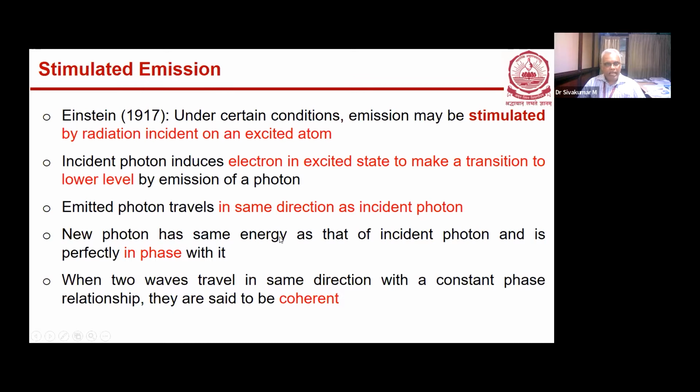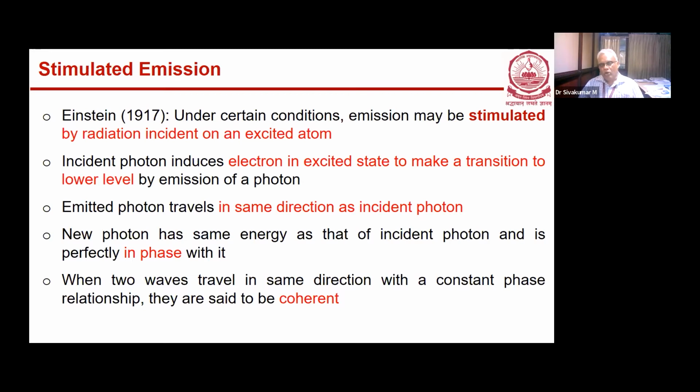Again, I am repeating: in the case of stimulated emission, the electrons go to the excited level by absorption, and for these electrons in the excited level, there are two ways to come back. One we have already seen, called spontaneous emission. The other way is if there is an incident photon having energy equal to the energy difference between the excited level and the ground level.